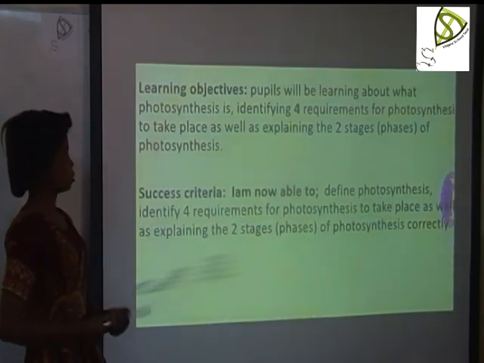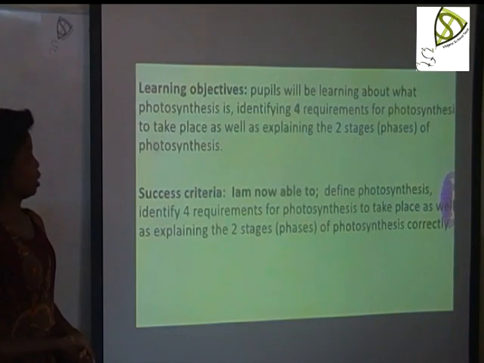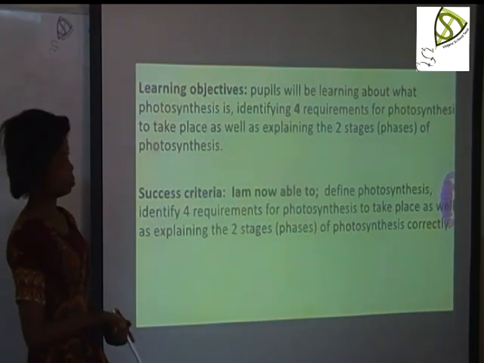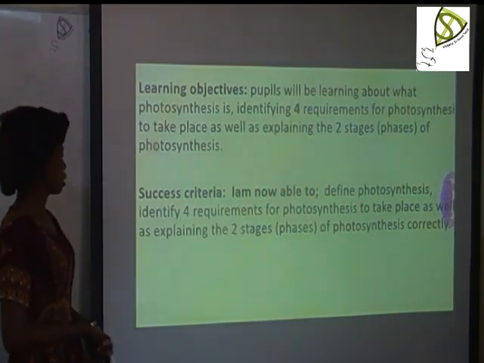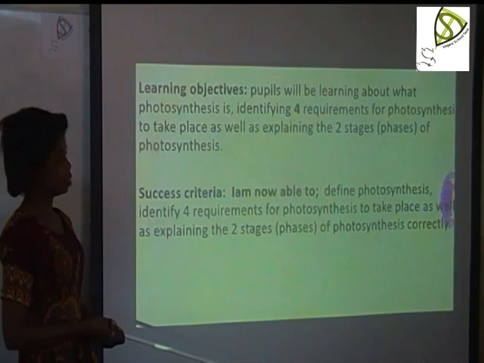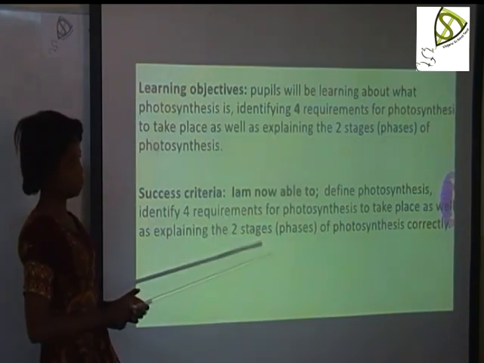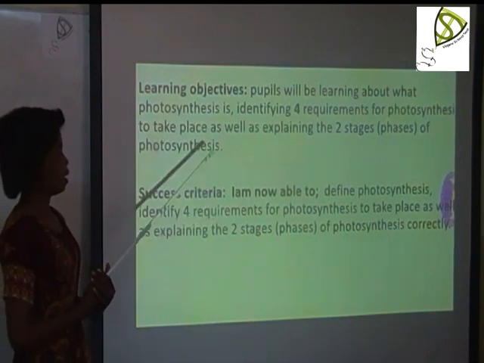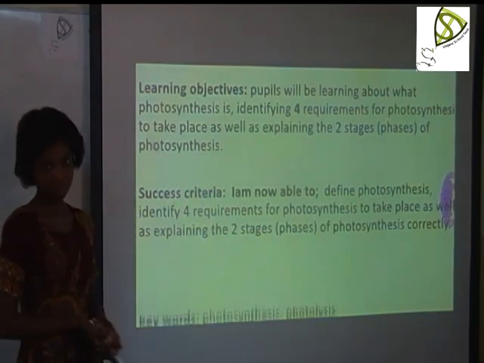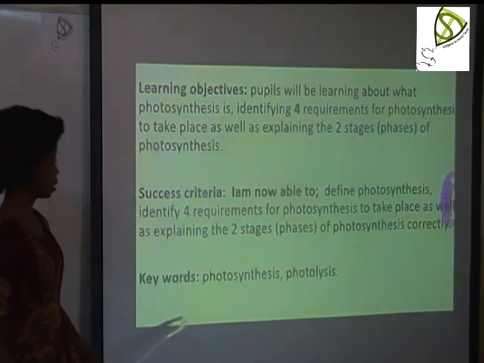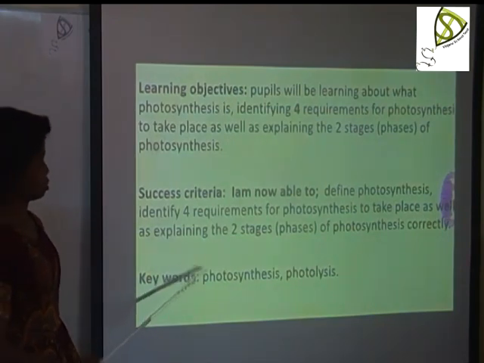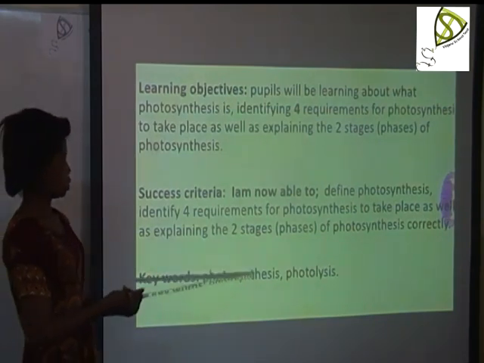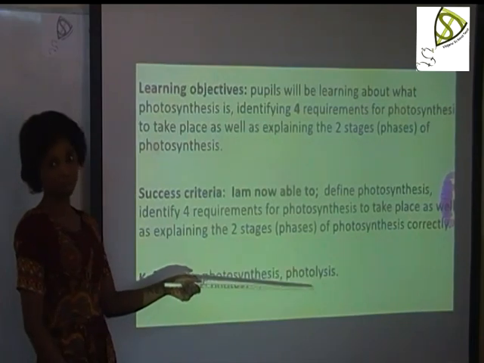And our success criteria reads, I'm now able to define photosynthesis, identify 4 requirements for photosynthesis to take place, as well as explain the 2 stages or phases of photosynthesis correctly. So each one of you should be able to do this by the end of the lesson. And our keywords in today's lesson are photosynthesis and photolysis.